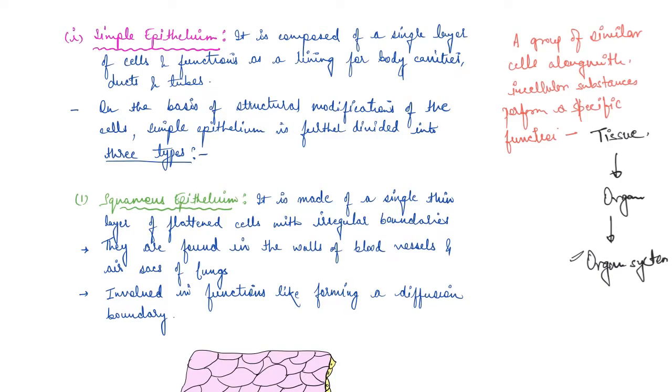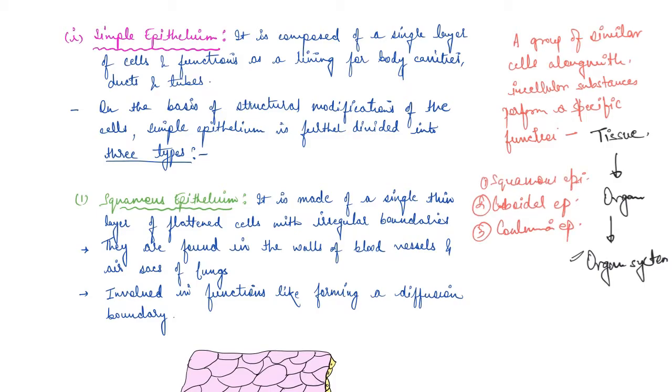The first one is squamous epithelium. The second one is cuboidal epithelium. And the third one is columnar epithelium.